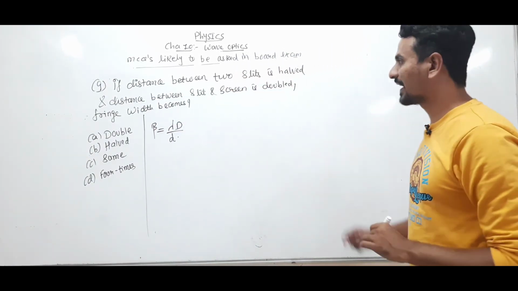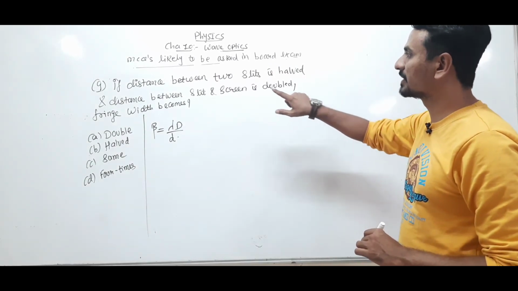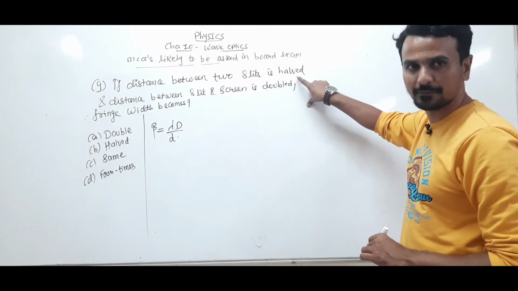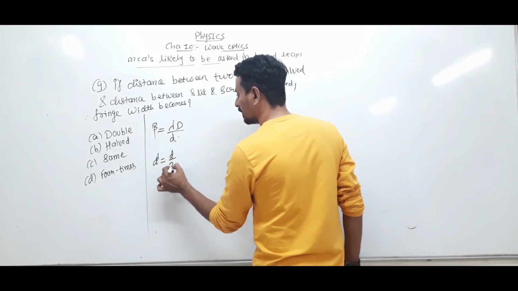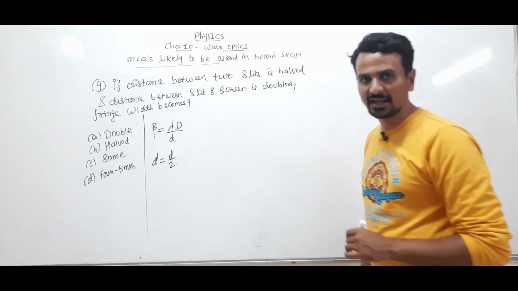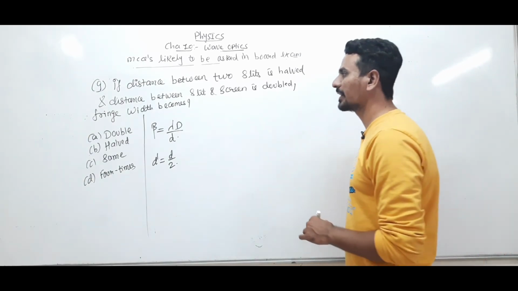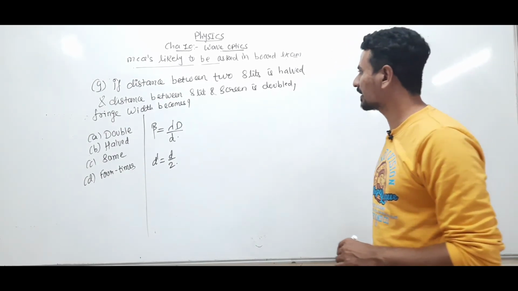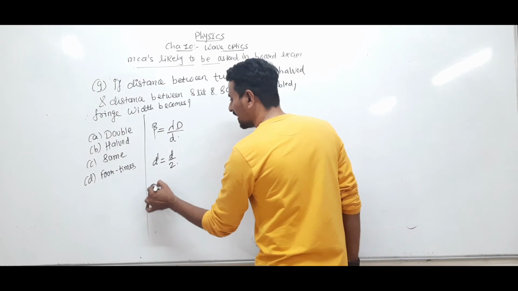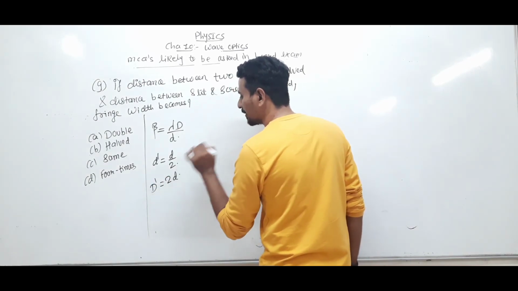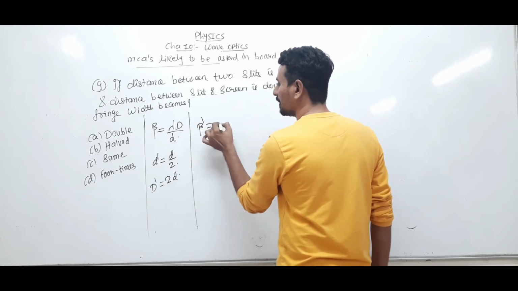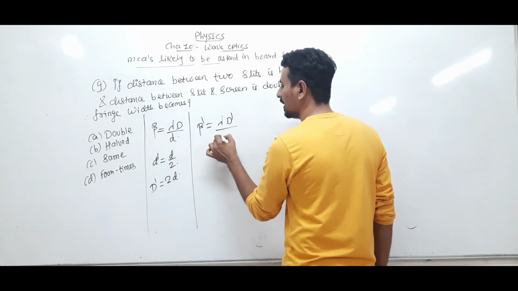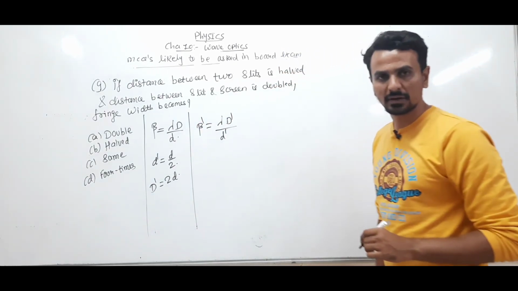Presently, it is given that the distance between two slits is halved. That means small d is made half, and the distance between slit and screen is made double, that means D dash is 2 times D. So the new fringe width will be lambda D dash by d dash.